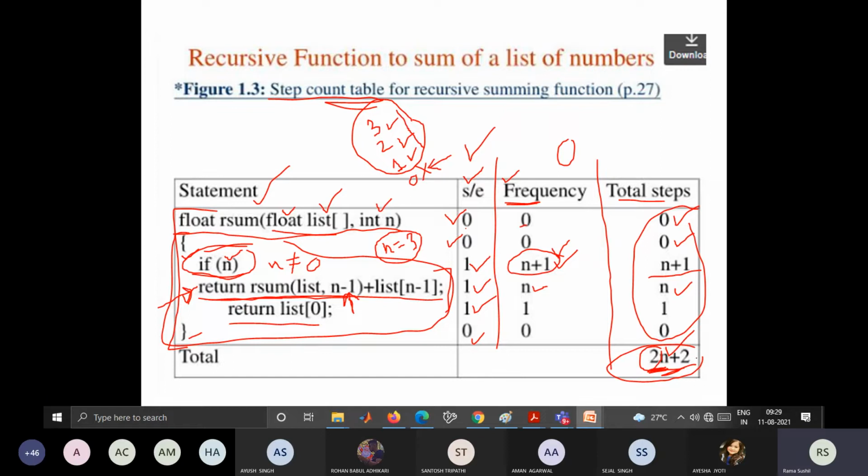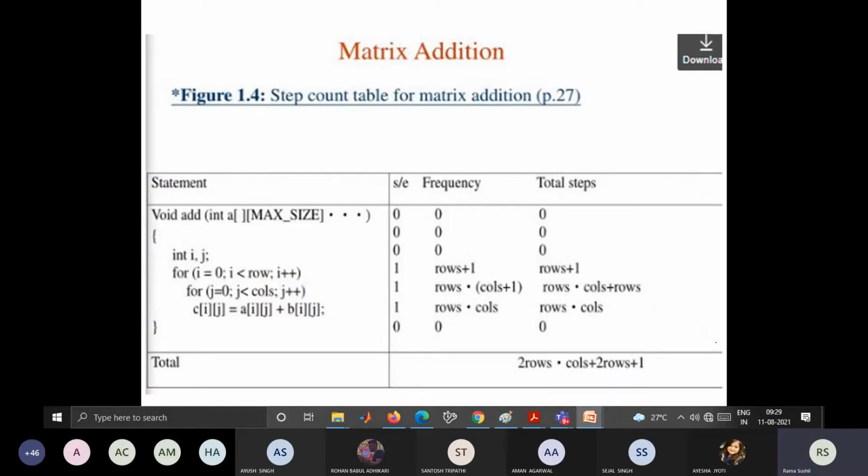The rest will work like a constant addition value. So the complexity of this can be easily told as of order n. In this way this method is easy, and you have to have clarity about the total number of times each step executes. Okay, another example in front of you, for matrix addition.